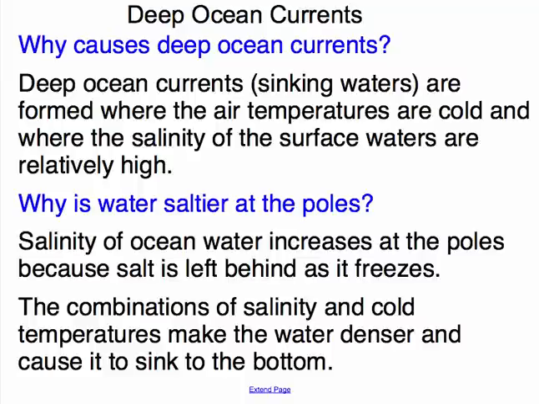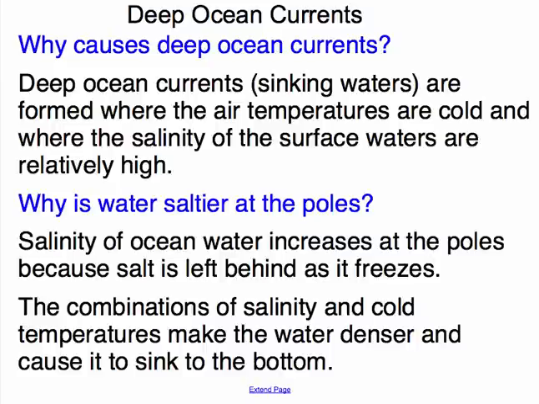So, deep ocean currents. Here's one question that you should probably get down. They're caused by sinking waters. They form where the air temperatures are cold and where the salinity of the surface waters is relatively high. So you may ask, well, what makes some water saltier than others? And that has to do with the fact that when water evaporates or freezes, the salt doesn't go with it.